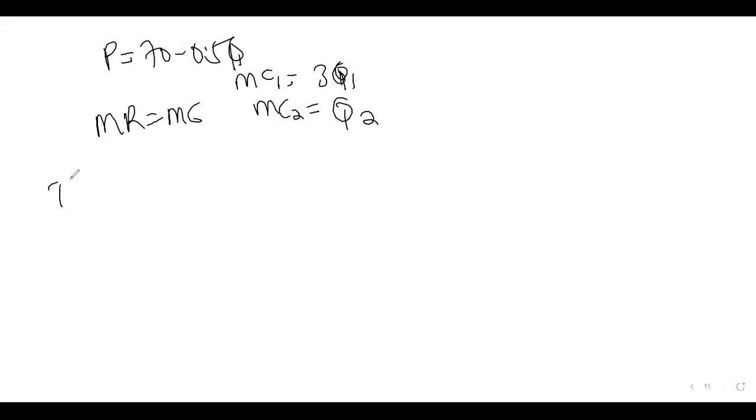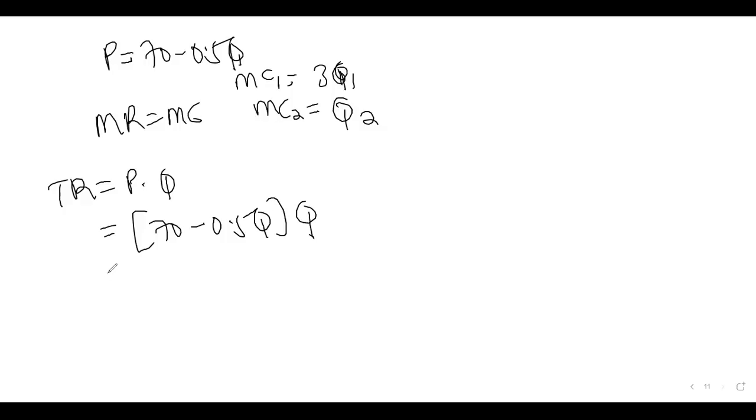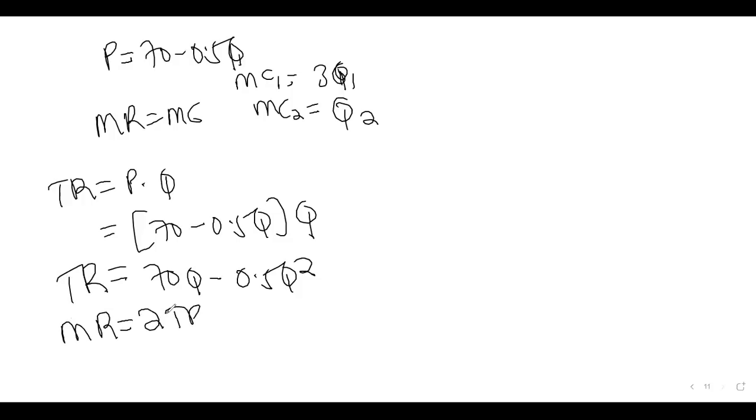Total revenue will be price times quantity, that is 70 minus 0.5Q times Q, so total revenue is 70Q minus 0.5Q squared. Marginal revenue is the change in total revenue over change in quantity. When you multiply 2 by 0.5, you get 1. So 70 minus Q is the marginal revenue.